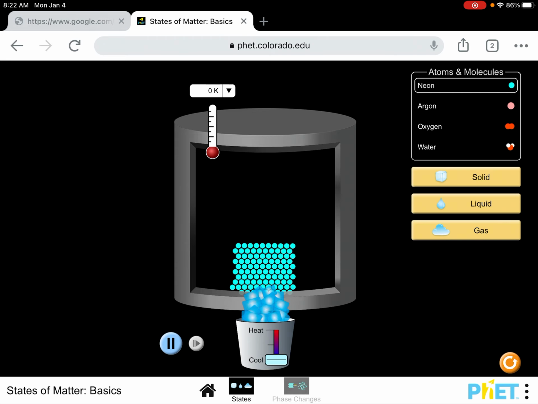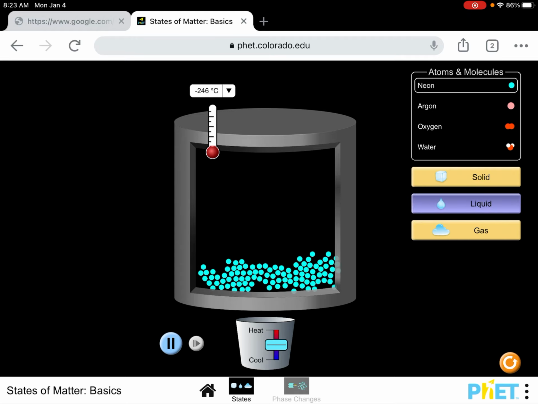Let's see if we can get it there. So we've got it so cold that it's 0 Kelvin, which is also negative 273 degrees Celsius, and that is absolute zero, where you have no particle motion at all. And notice neon is typically a gas, and if you can make it so cold, you can actually turn it into a solid.